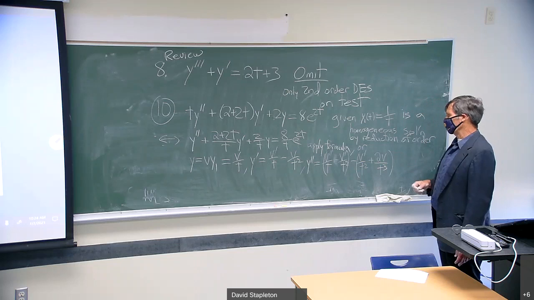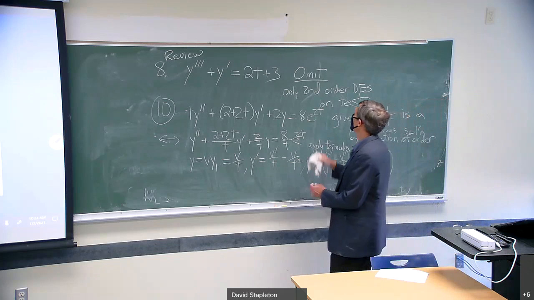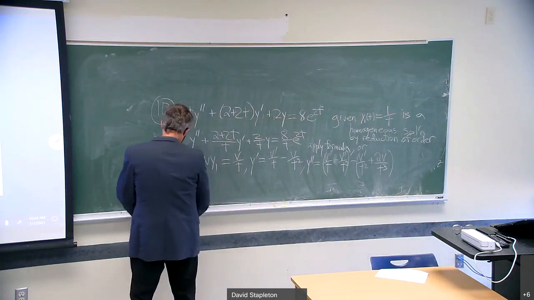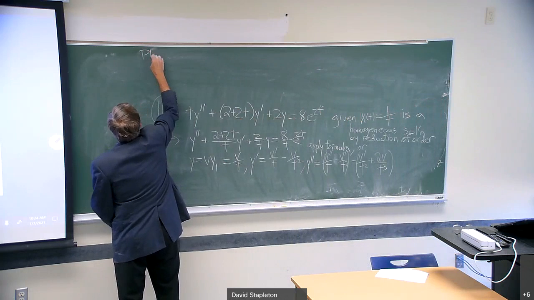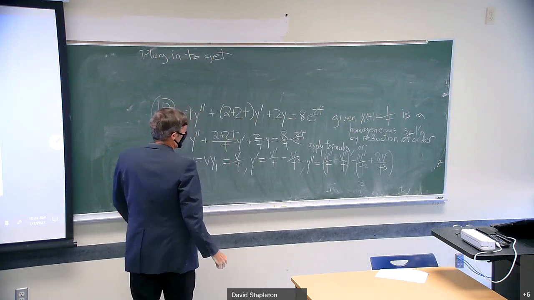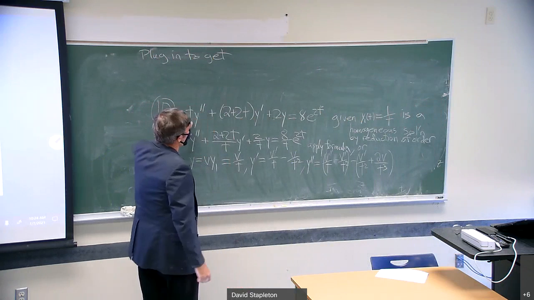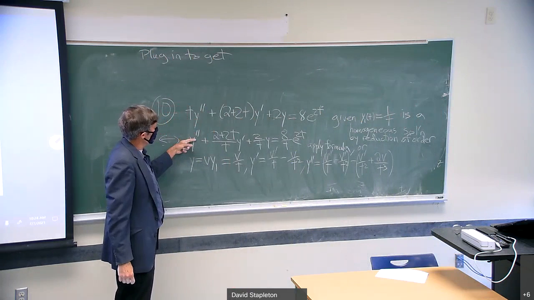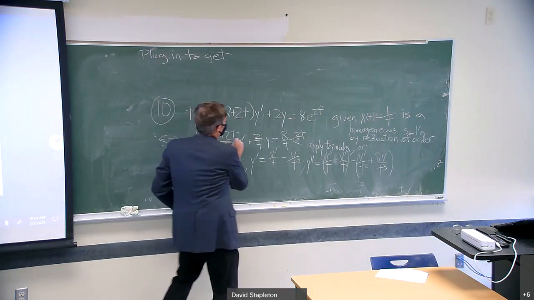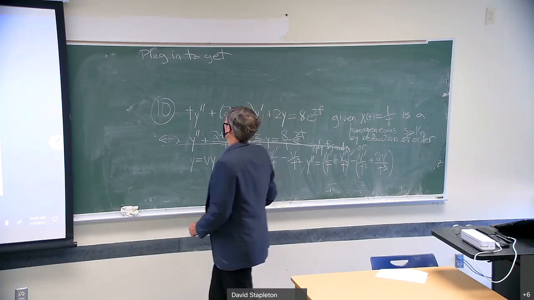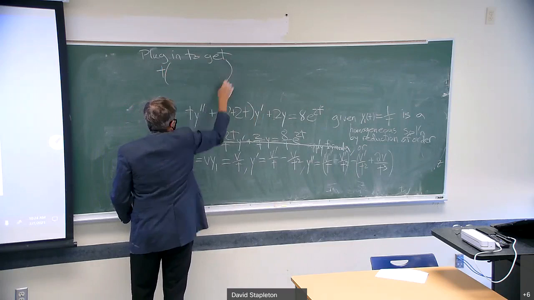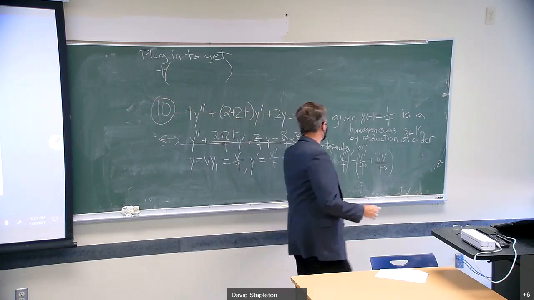So I need to plug all those into the differential equation. Plug in to get, well, let's see. This one I need if I do the formula, but if I'm not going to use the formula, I can leave this off. So if I don't use the formula, then I get t times y double prime, and I plug that in. These can be combined.